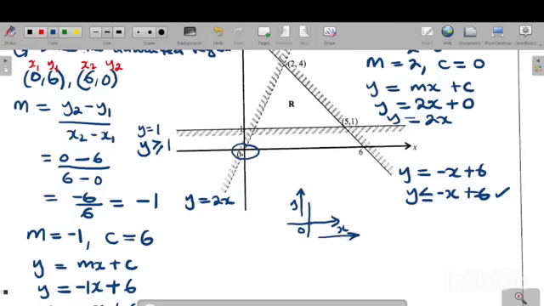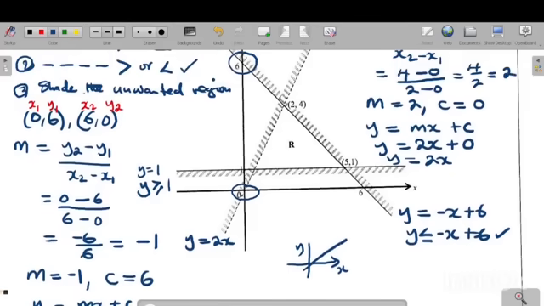Now, if you have a line that is moving like this, this side is the greater part, because this line is increasing like this.